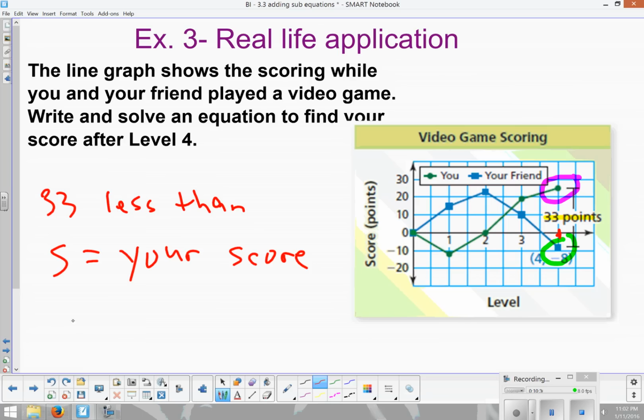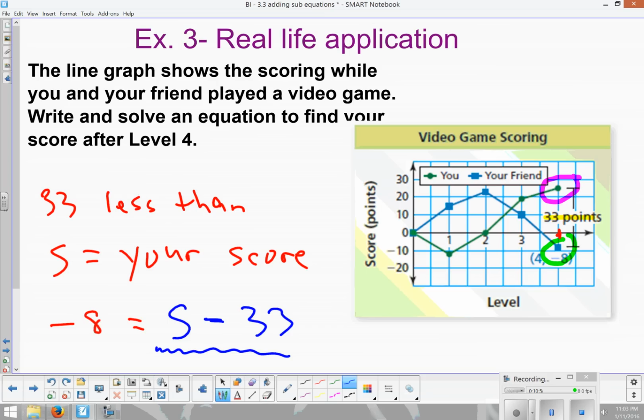So we'll put -8 as one side of the equation, and then on this side of the equation, we can make it represent your score. Okay, so what do we know about your score? It is going to be 33 points more. So we can say S right here is your score, okay? And since this is 33 less than, we can say 33 less than, so minus.